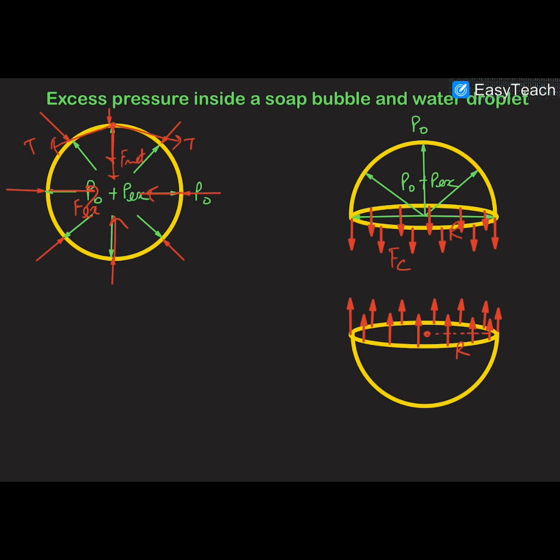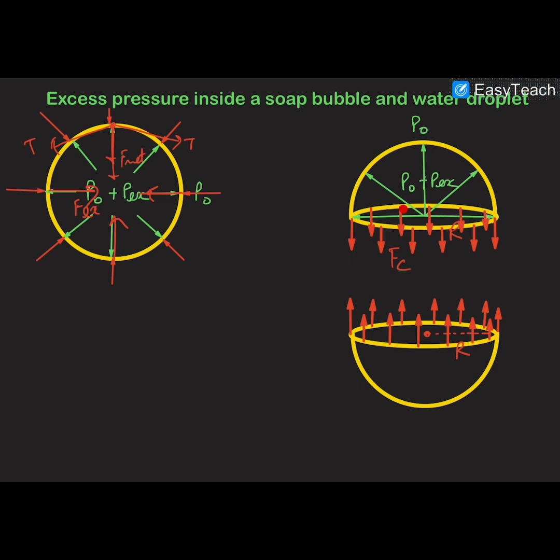Actually it is a complete bubble, and we cannot subdivide a soap bubble into two equal halves, so we are just imagining this soap bubble as a hemisphere. Obviously this hemisphere is being pulled by the lower hemisphere by this cohesive force which is acting on the circle which is on the base of this hemisphere.